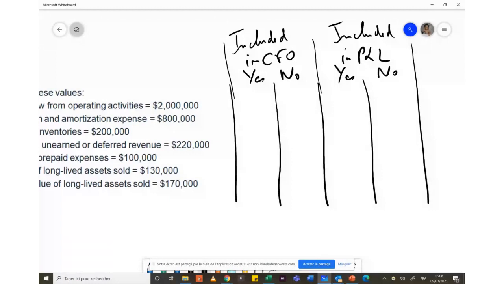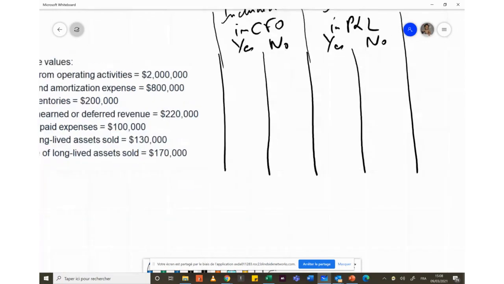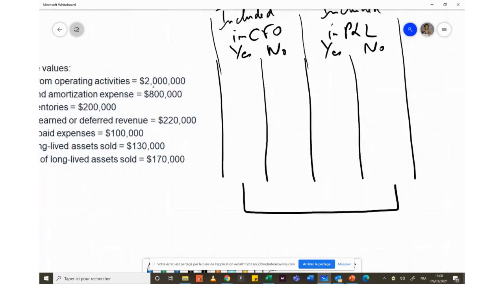If it's included in the CFO, the operating cash flow, and not included in the P&L, we need to eliminate. So if the answer is yes and here no, we have to add back. If the answer is no for the cash flow and yes for the P&L, we have to include.